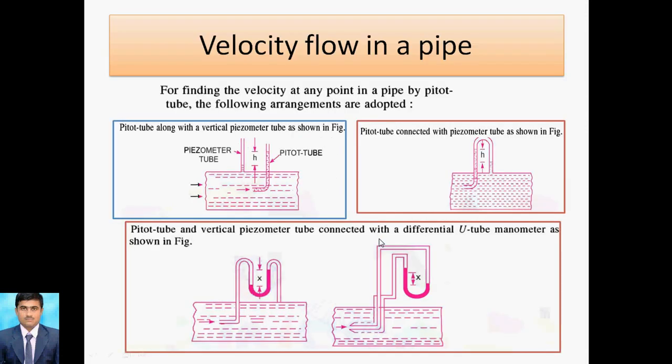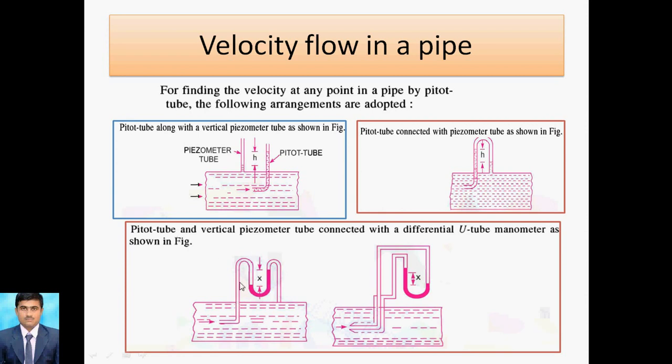Now we have to find out the velocity of flow in the pipe by pitot tube, and the following arrangements can be adopted. Here we can use a piezometer tube, and this is a pitot tube, so here we can measure the pressure, and here also we can measure the pressure. The second arrangement is a pitot tube connected with a piezometer tube as shown in the figure.